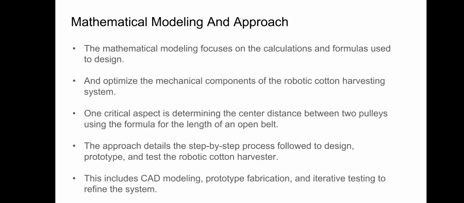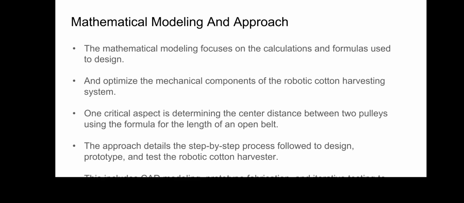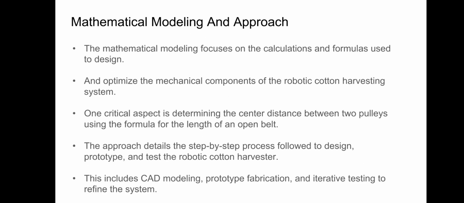So we are moving towards the mathematical modeling and approach. The mathematical modeling focuses on the calculations and formulas used to design the optimized mechanical components of the robotic cotton harvesting system, which are modeled with the help of MATLAB. One critical aspect is determining the center distance between two pulleys using the formula for the length of an open belt.